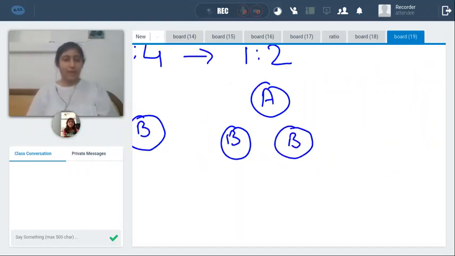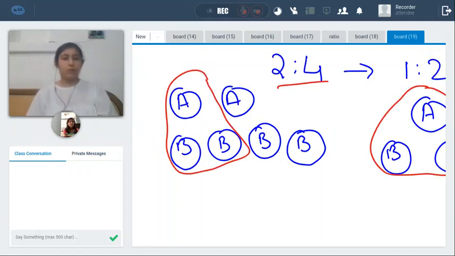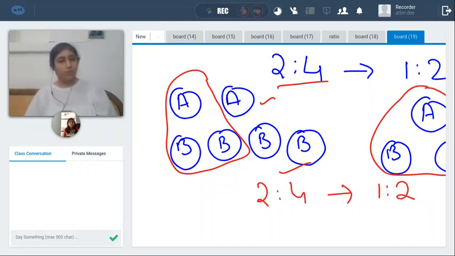The physical explanation is that for 1 apple you have 2 bananas here, and for 2:4 also, you're following exactly the same pattern. You have 2 bananas for 1 apple. So you're following the same pattern in both cases. That is why you're able to write 2:4 as 1:2.